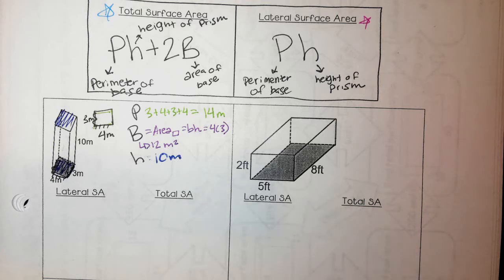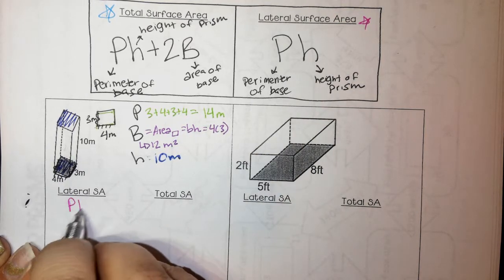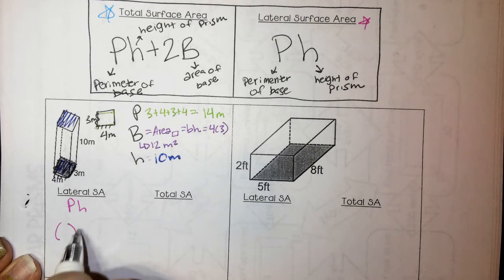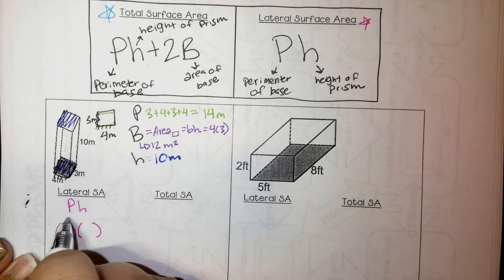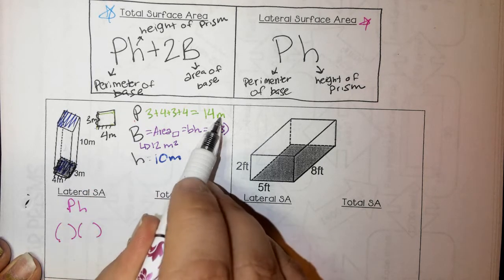Now I know P, H, and B just using a formula from here. First we're looking at lateral, and the lateral surface area formula is just P times H. We already know what P is. P is 14. I'm putting a bubble everywhere I have a variable. This bubble is in place of P, and P is 14.